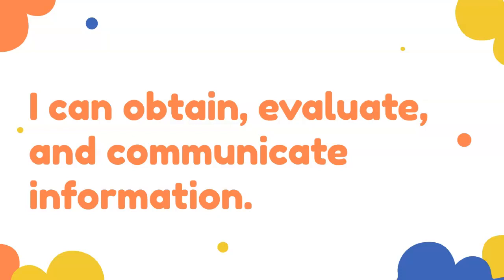And then you're going to communicate that information, which means you're just going to write that information up in Google Classroom about what your pet's needs are, what kind of habitat, what you need in your house to have that pet. All right.